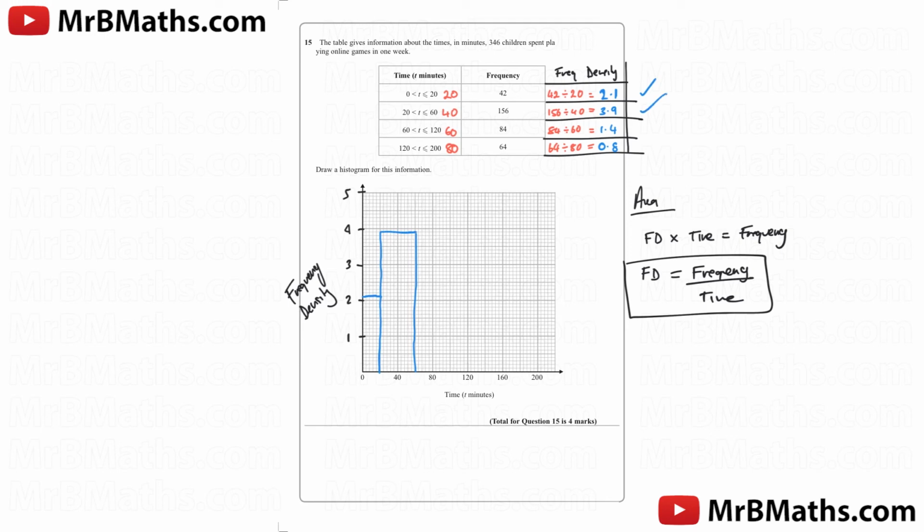Okay, that's that done. 60 to 120 of 1.4, so 1.4 being here. That's that done. And 120 to 200 at 0.8, so that is here. And that is the histogram complete.